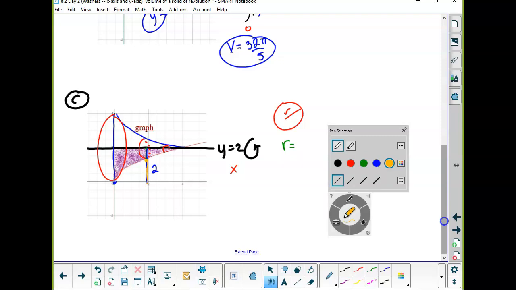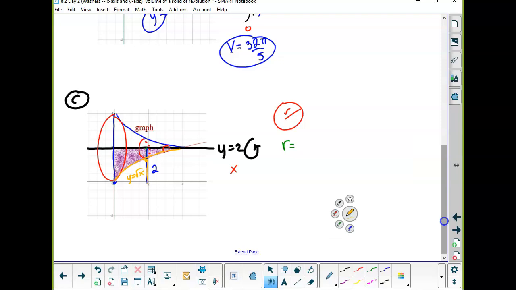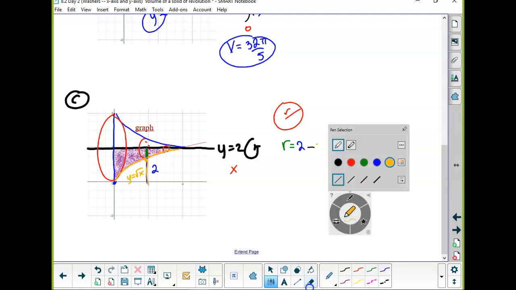From the x-axis to the curve, this yellow line is y equals the square root of x. We don't want the yellow line, we don't want the blue line, I want the difference of the two. I want a green line. So the radius is the large 2 minus the square root of x.